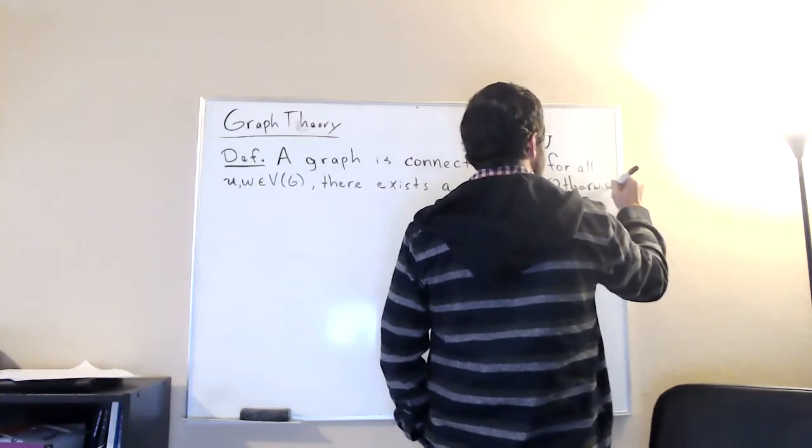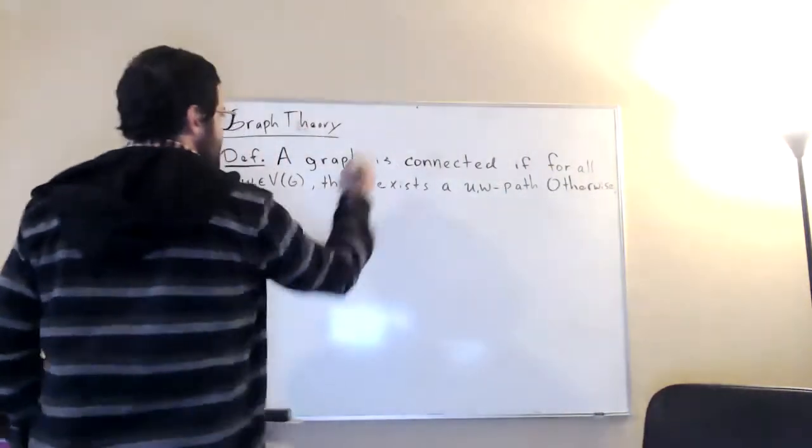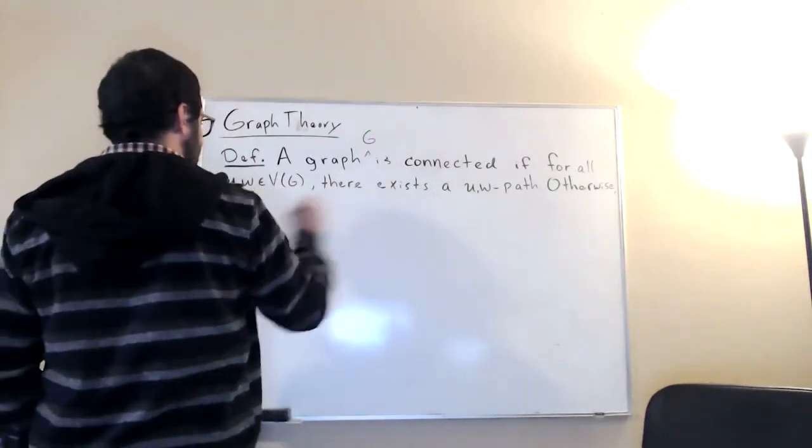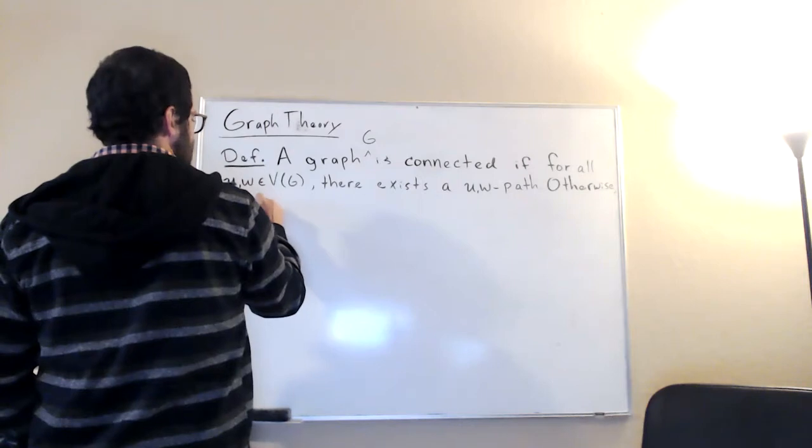Otherwise, so a graph G is connected. So otherwise, G is called disconnected.